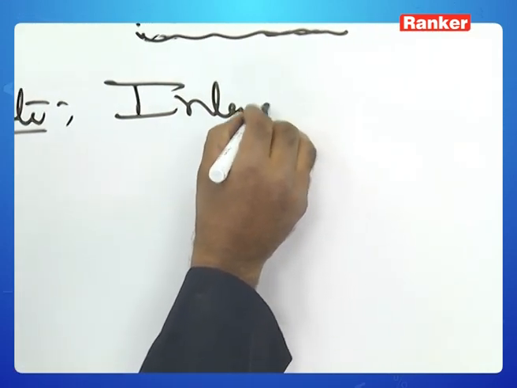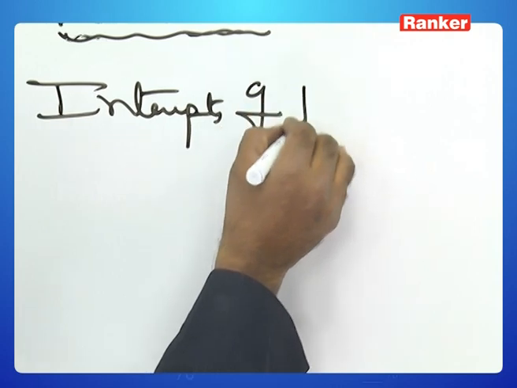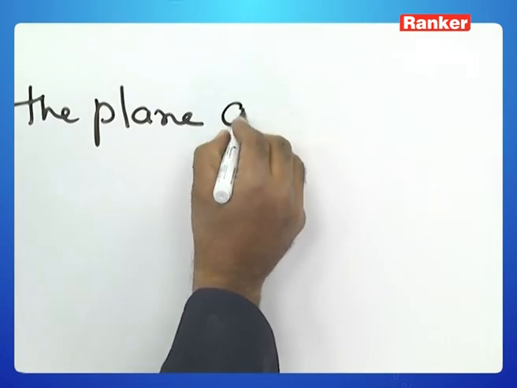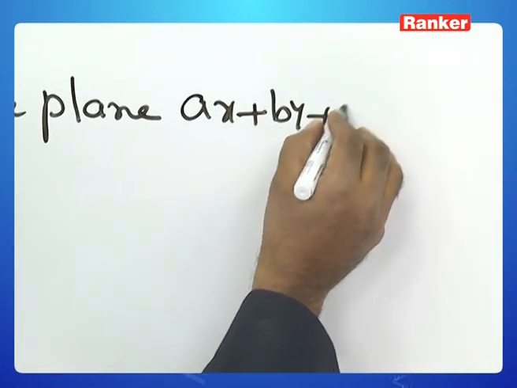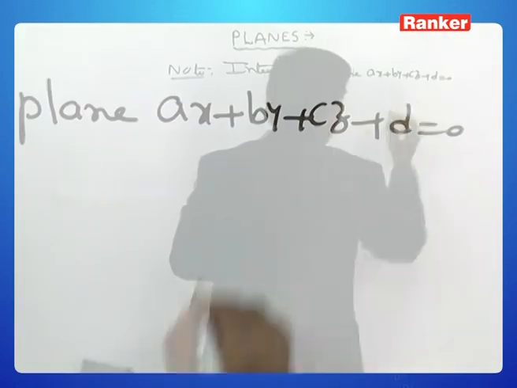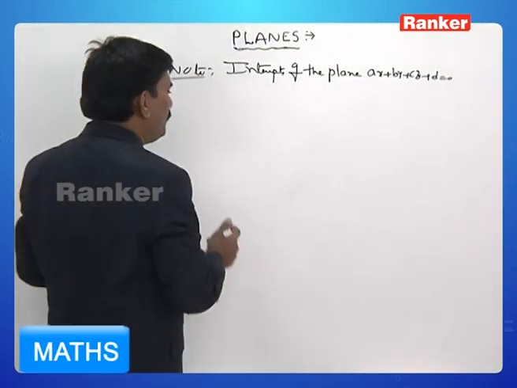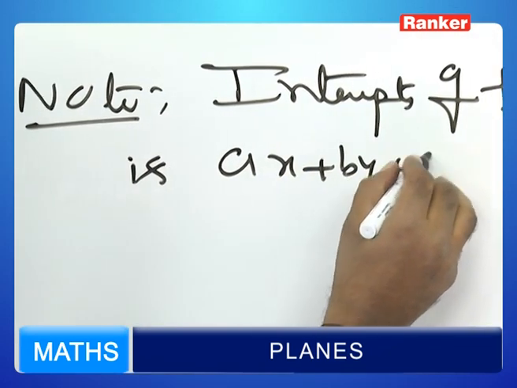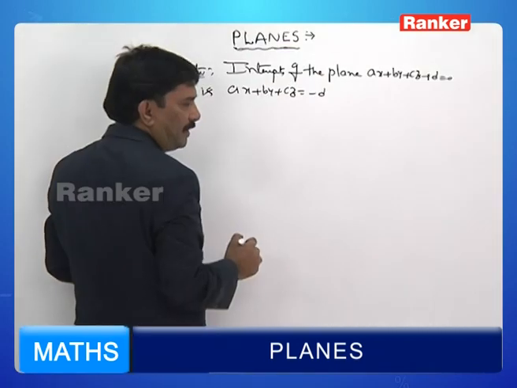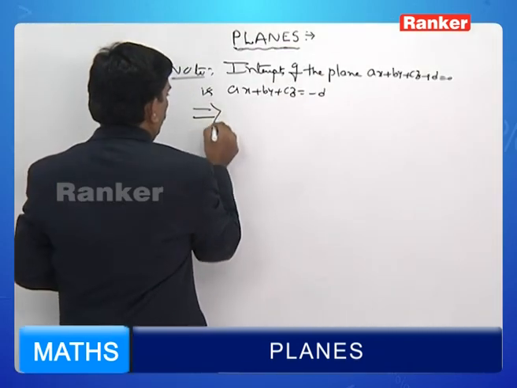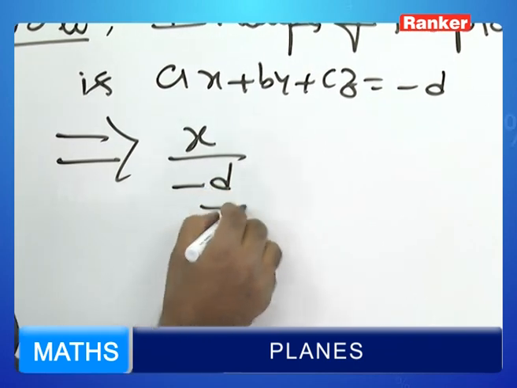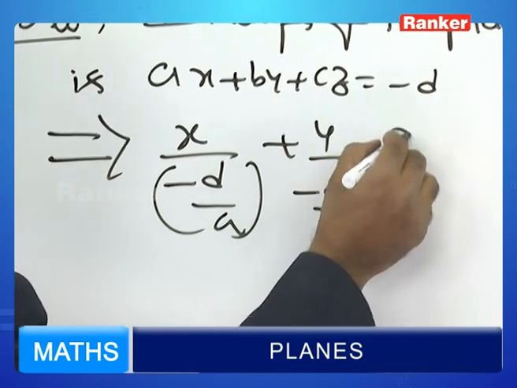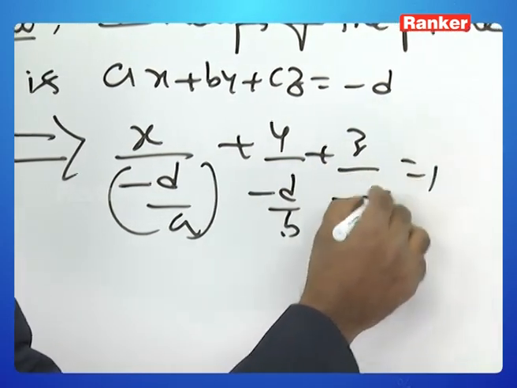Intercepts of the plane ax plus by plus cz plus d is equal to 0: ax plus by plus cz is equal to minus d, which implies x by minus d by a, y by minus d by b, z by minus d by c is equal to 1.